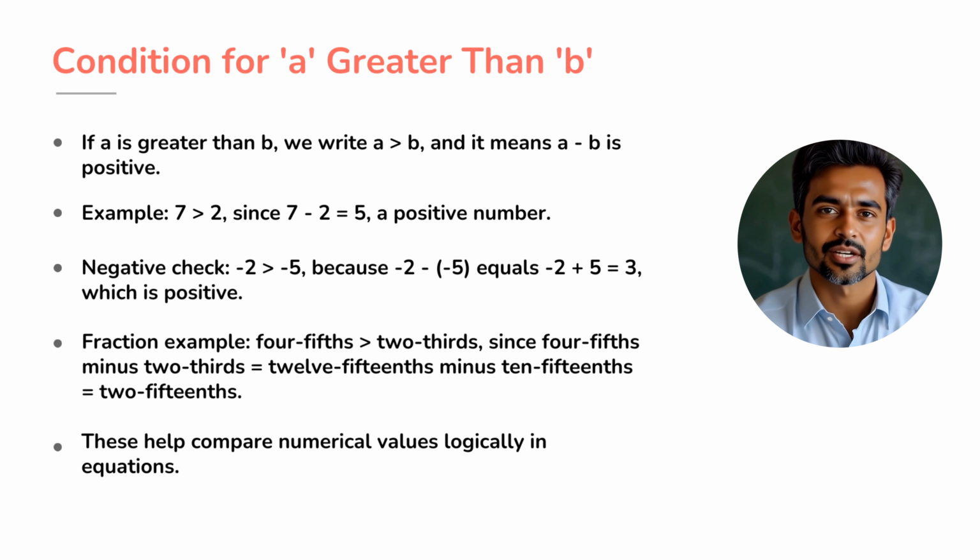That's also positive. What about fractions? 4 divided by 5 is greater than 2 divided by 3 because 4 divided by 5 minus 2 divided by 3 equals 12 divided by 15 minus 10 divided by 15, which equals 2 divided by 15. Since this is positive, the inequality is true. So always check, if A minus B is greater than 0, A is greater than B.